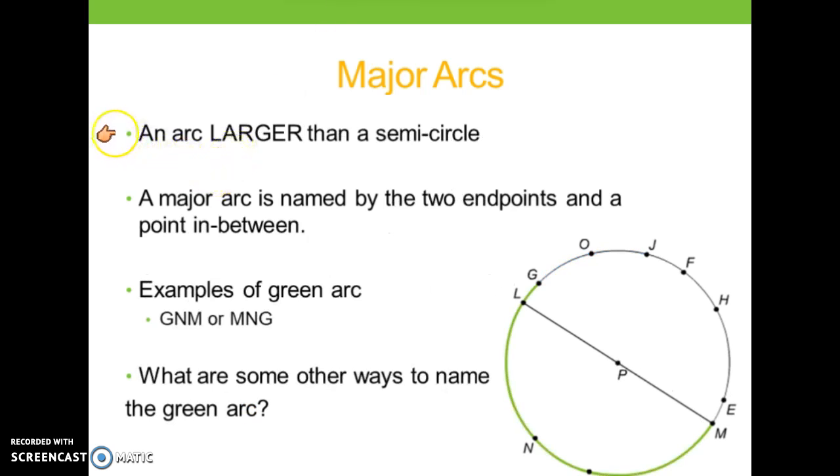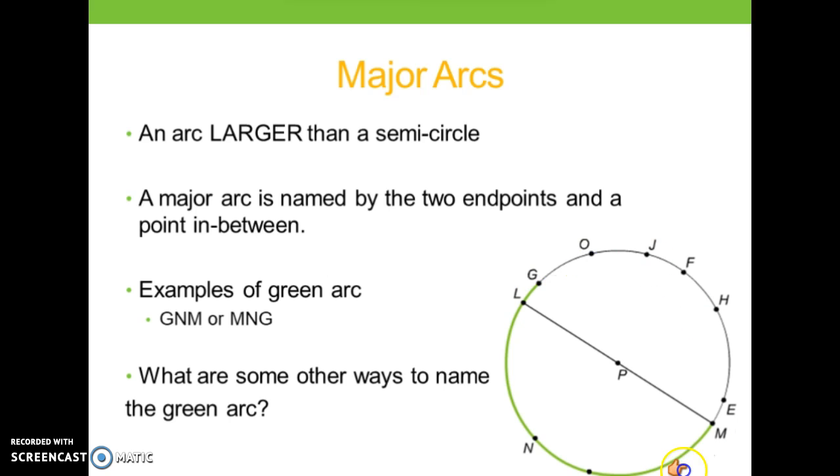A major arc is an arc larger than a semicircle. So a major arc is named by the 2 endpoints and a point in between. Examples of the green arc would be G, N, M, or M, N, G. Again, because there's 3 letters, I have to start at the G, and I'm looking to go to the N first.